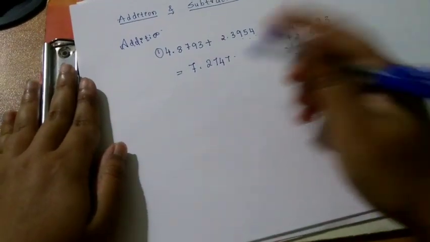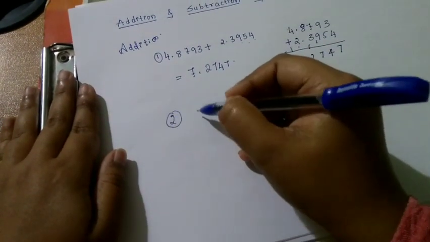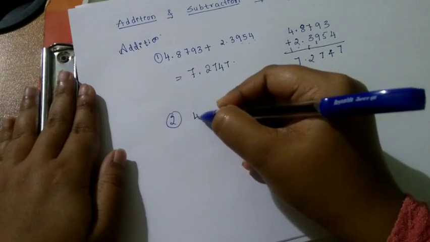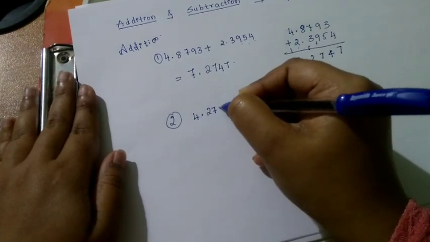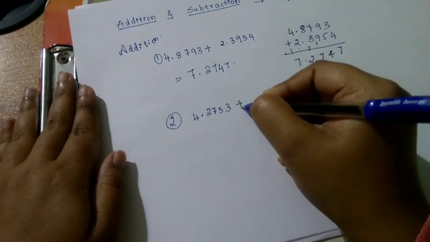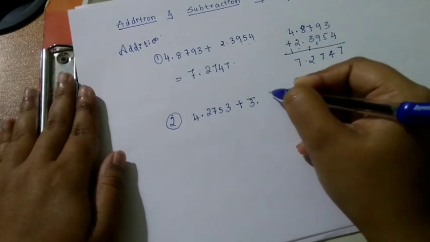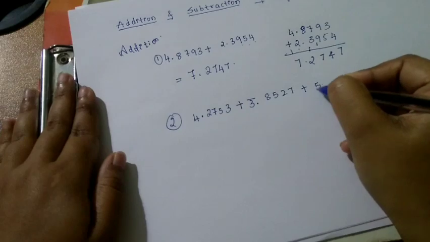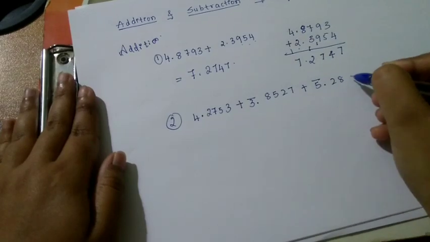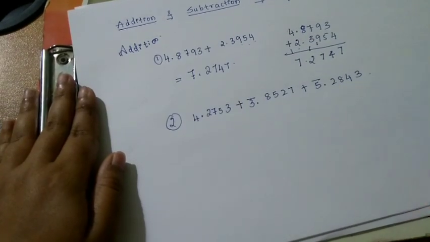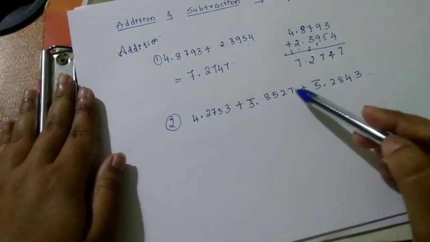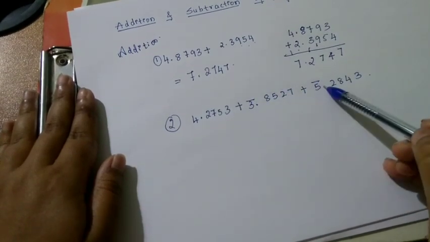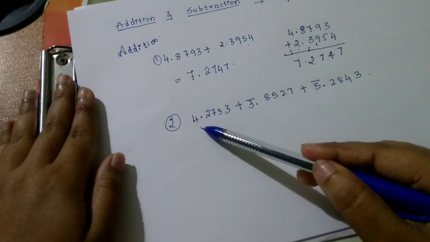When it comes to negative values, in the second example I'm going to take 4.2753 plus 3 bar 0.8527 plus 5 bar 0.2843. Here I have taken two negative values, 3 bar and 5 bar, and one positive value, 4.